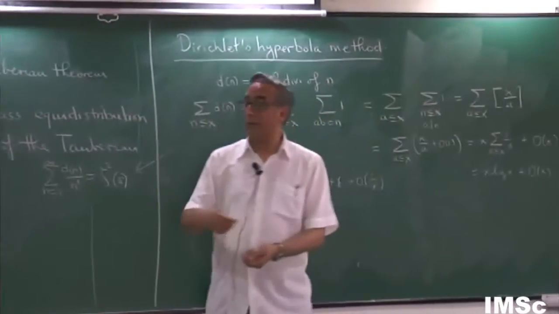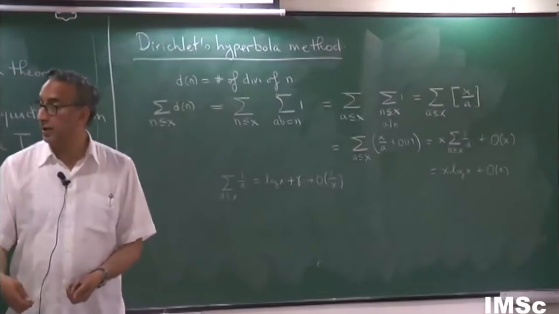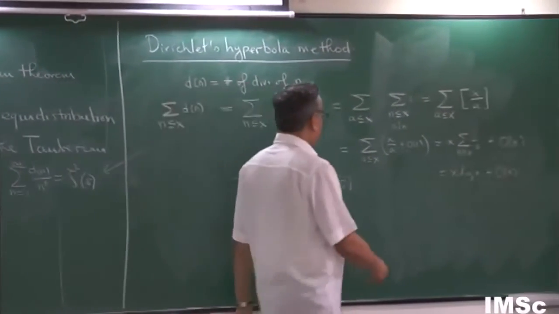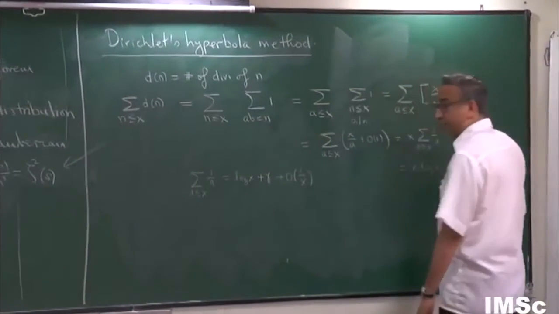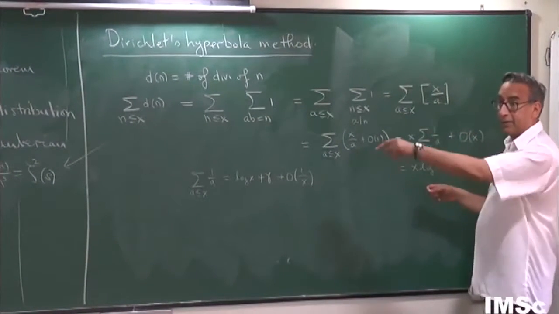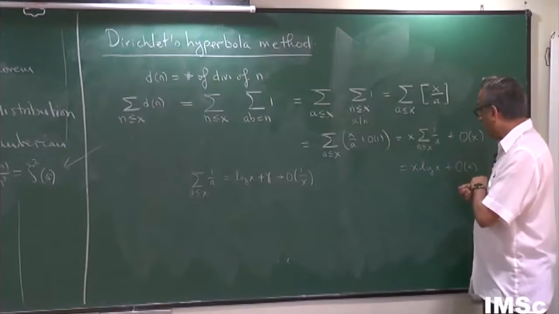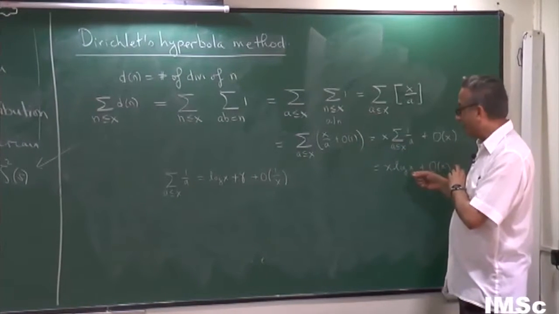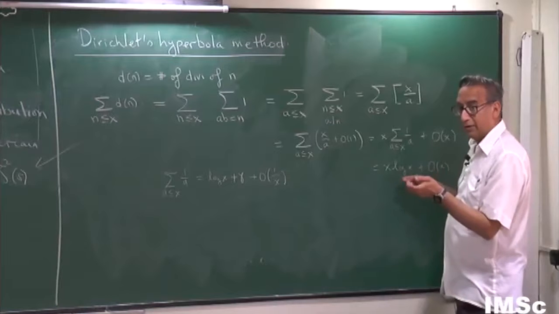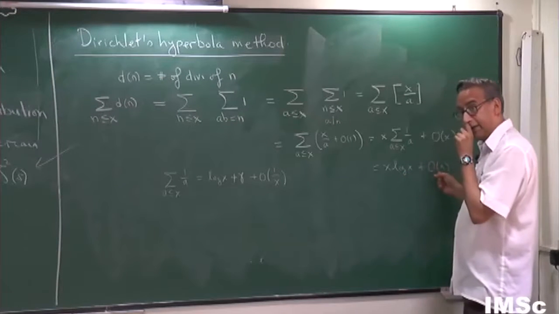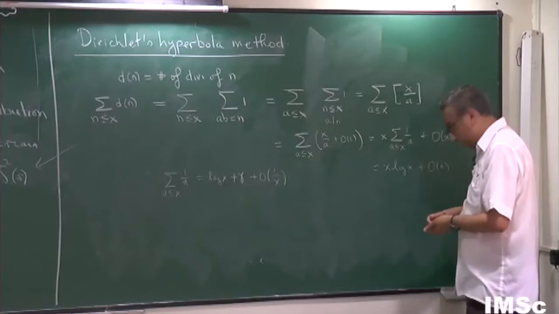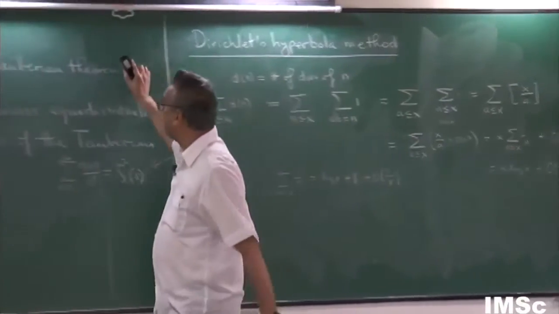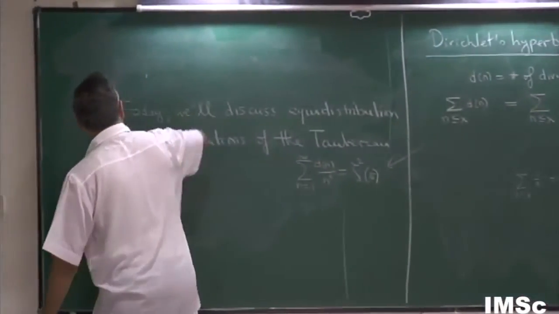Remember, for every extra pole beyond 1, you pick up a log x. Of course you won't pick up this error term. You'll just pick up an asymptotic formula from the Tauberian theorem. So at least this naive elementary method is better than the Tauberian theorem in the context that you actually have an error term here. But Dirichlet observed that sometimes you can do better than this.